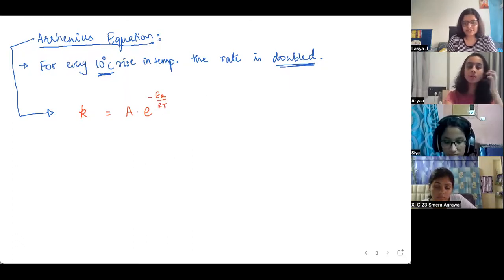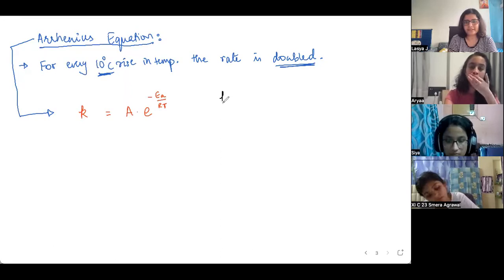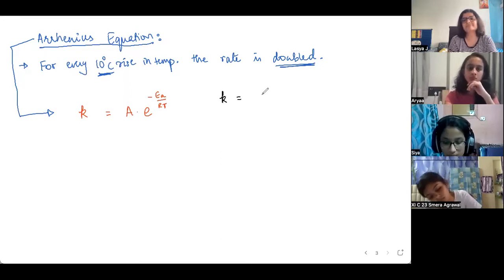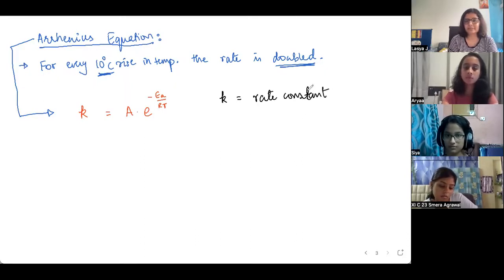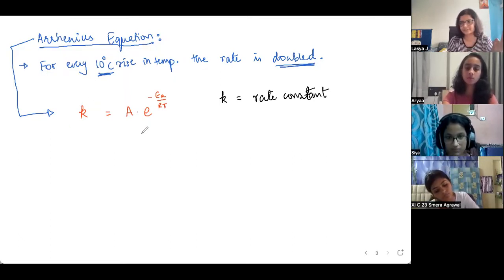Do you know what K is? Rate constant. This is where the temperature dependency of K comes from, and it's because K changes that the rate of the reaction changes.